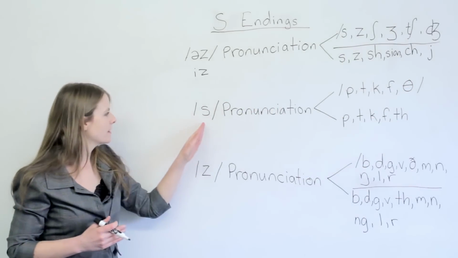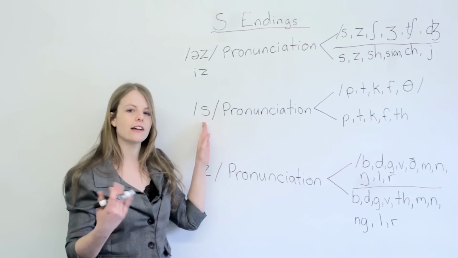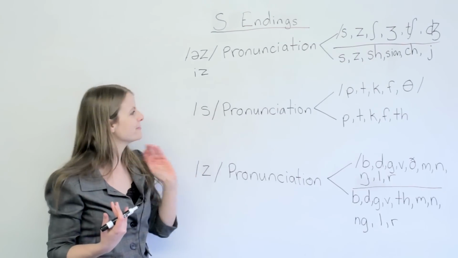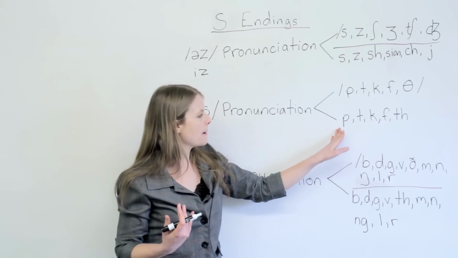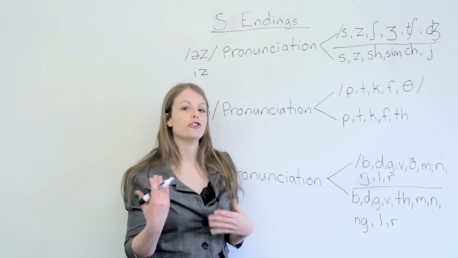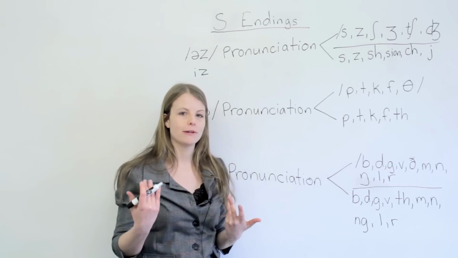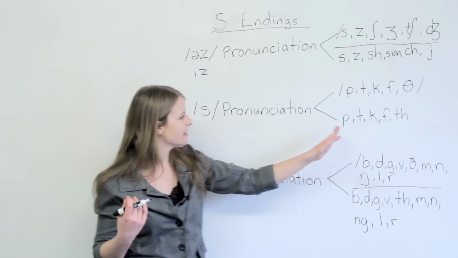Okay. For S pronunciation, so the S, like a snake pronunciation, if the word ends in a P sound, like Jeep, the car you drive, Jeeps, it ends in the S sound.